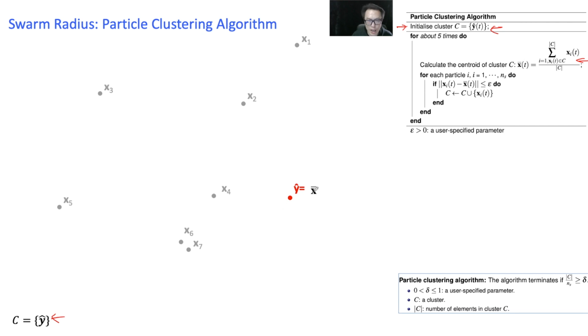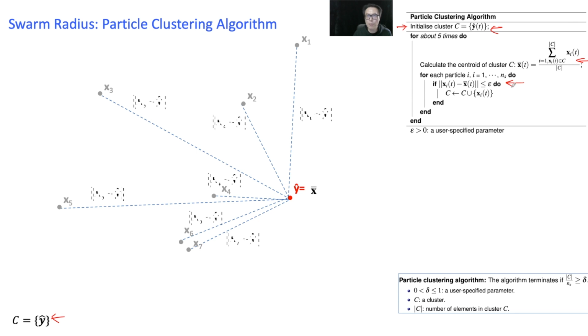So x bar is y hat. Now we go to this block, and then we compute the distance between xi to x bar. That is equivalent to finding the distance between x1 to x bar, x2 to x bar, and at the moment x bar is y hat.